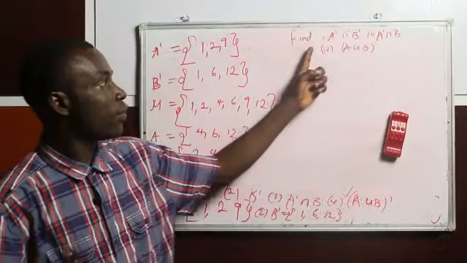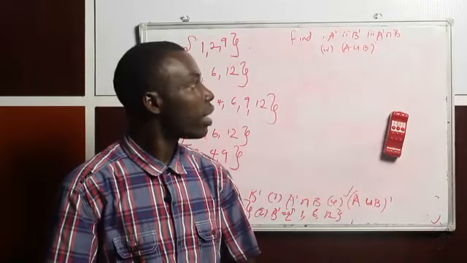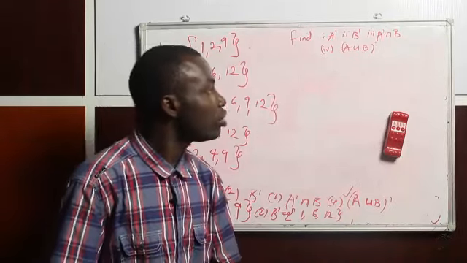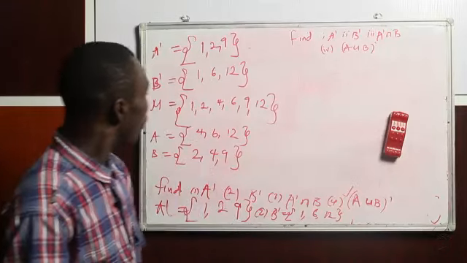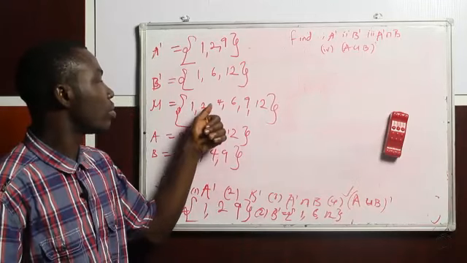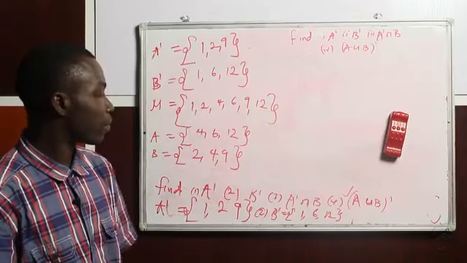The question is: find A complement, B complement, A complement intersect B, and A union B complement. Our universal set is 1, 2, 4, 6, 9, and 12.